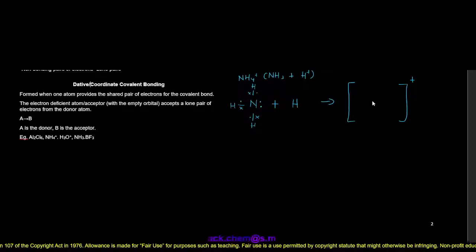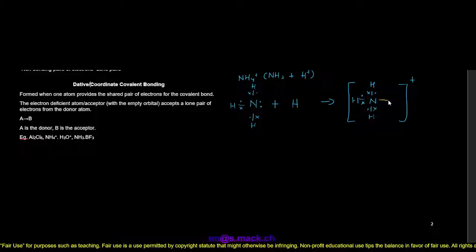So let's draw in our bond. I'm going to draw in the original bonds in the ammonia molecule. And I'm just going to draw my dative covalent bond in a different color, as well as the lone pair of electrons to be donated.